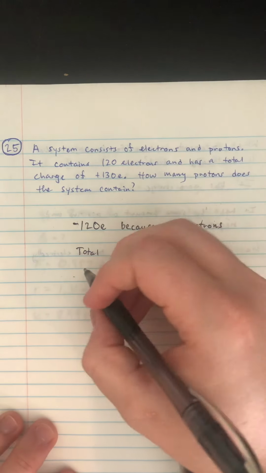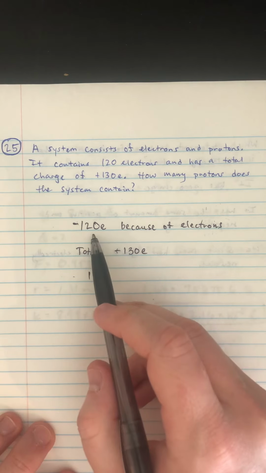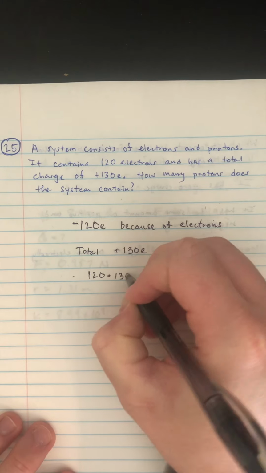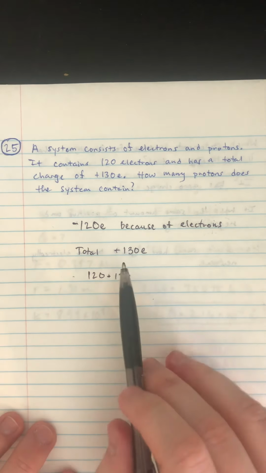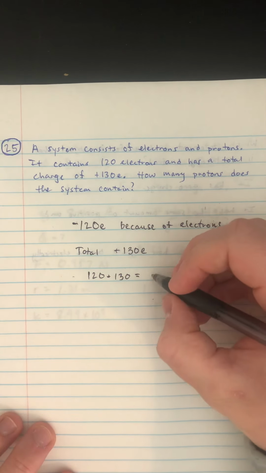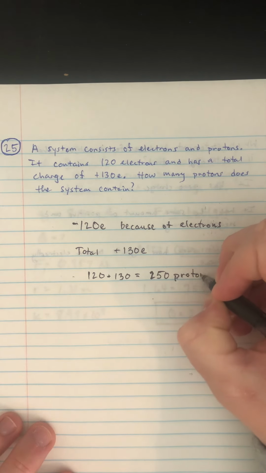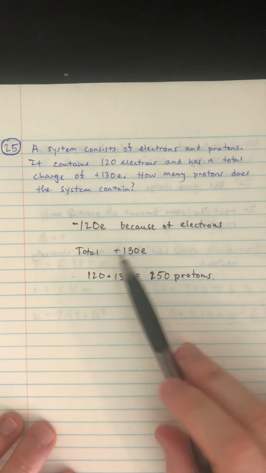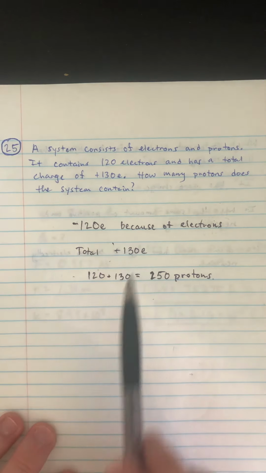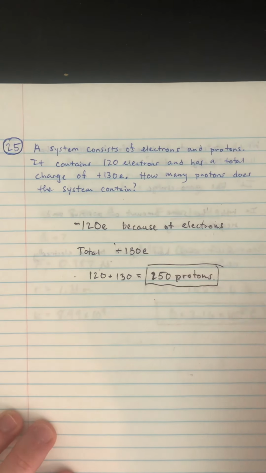Well, we have to have at least 120 protons to cancel out the 120 electrons, and then we have to have an additional 130 protons to get to this charge of 130. So the total amount of protons we have to have is 250 protons, right? 120 of those will cancel out with the electrons, and then the additional 130 will contribute to that total charge of plus 130 E. 250 protons.